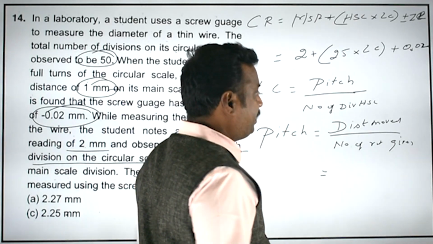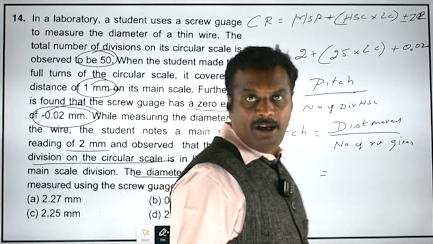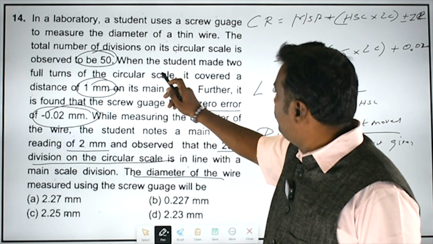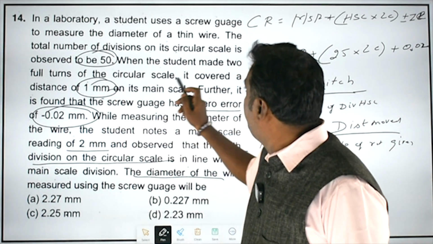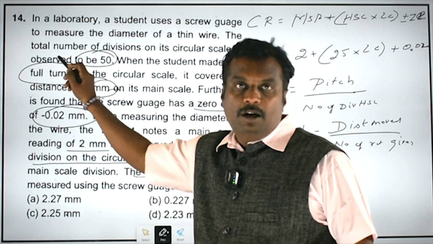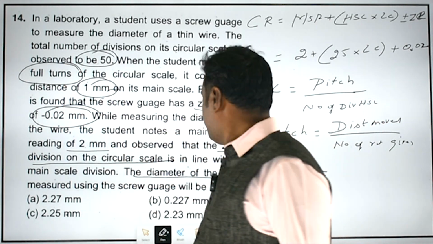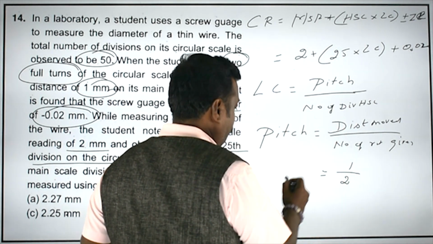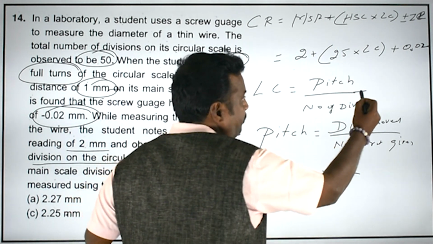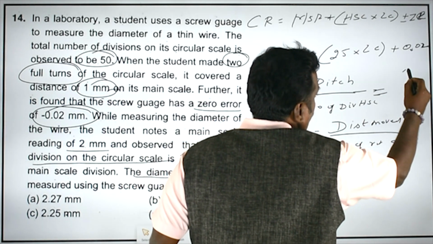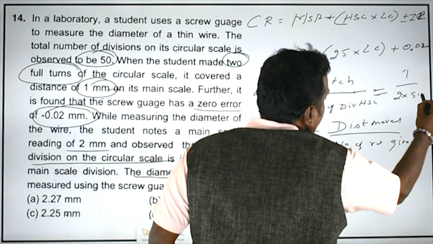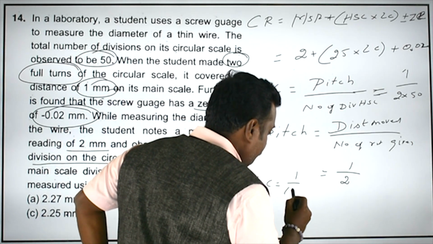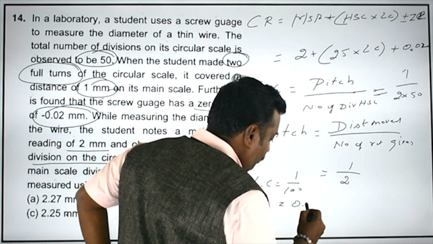It has moved a distance of 1 millimeter for 2 full turns. So the distance moved is 1 by 2 turns, so pitch is 1 by 2. Let us substitute it in the least count: 1 by 2 into head scale divisions, which is 50. So 1 by 2 into 50 is 1 by 100. So least count is 1 by 100, which is equal to 0.01.